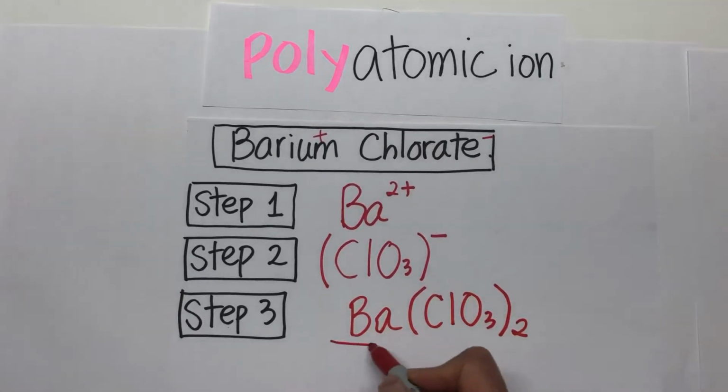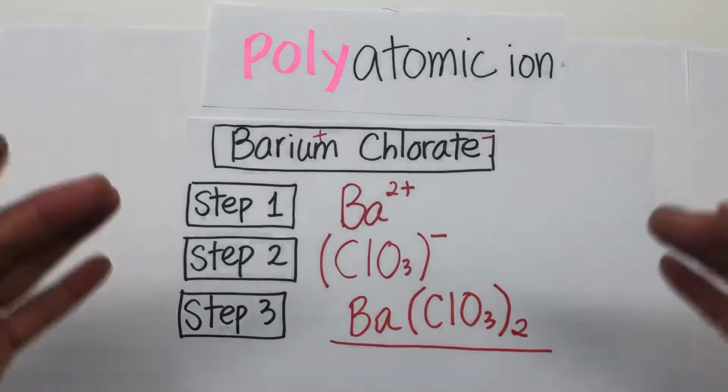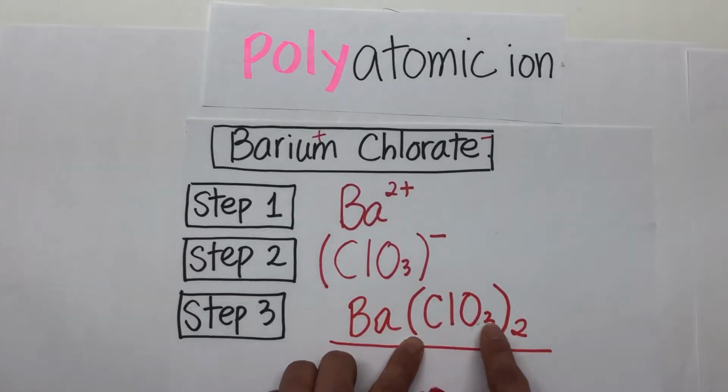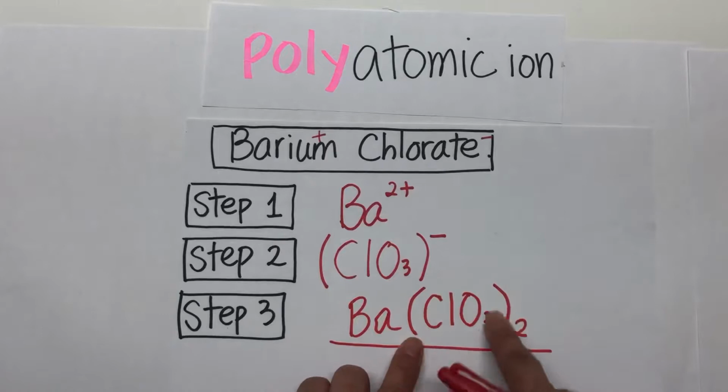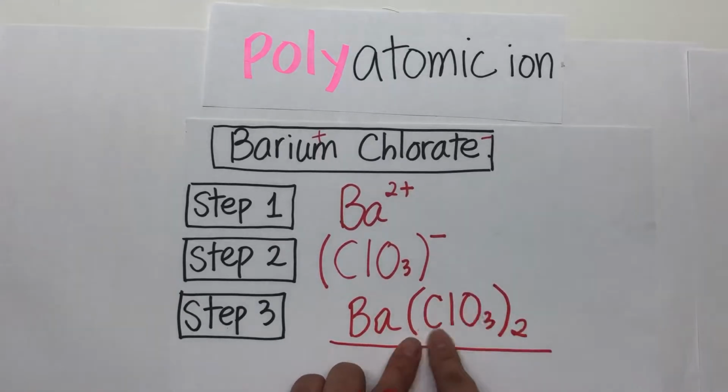This is the answer. This is the same thing as the binary compounds that we did in the previous video that I sent you. It's the same procedure, but it's a little bit confusing because this whole thing is a polyatomic ion, not one element. But it's okay. Treat it like one body, okay?